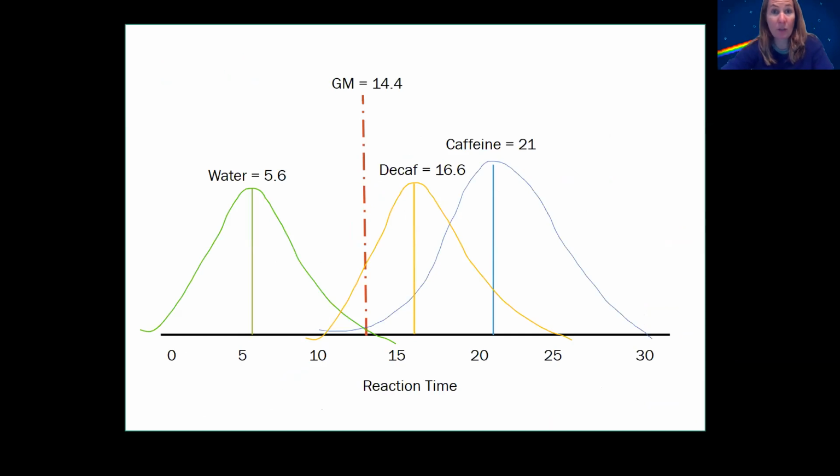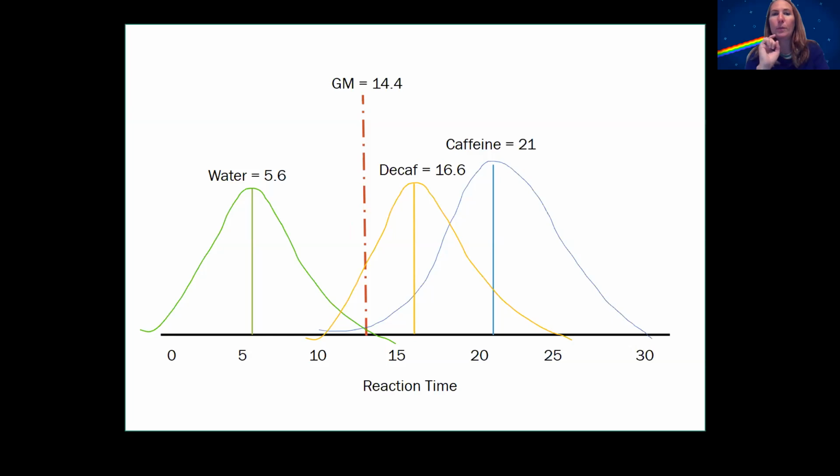Okay, so here's what that might look like on a graph. I have our reaction time from 0 to 30 seconds, and you guys can calculate this, this math is correct. If I take everyone in our caffeine group, our 3 people, add up their scores, and divide by 3, I get an average of 21 for their reaction time.